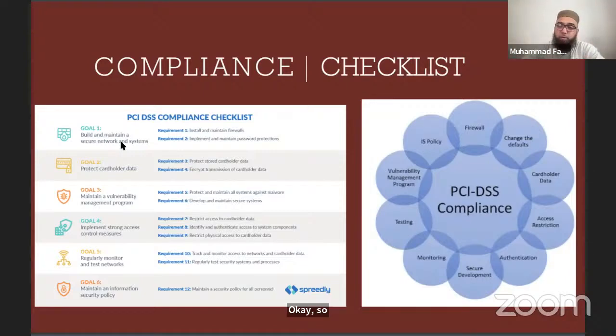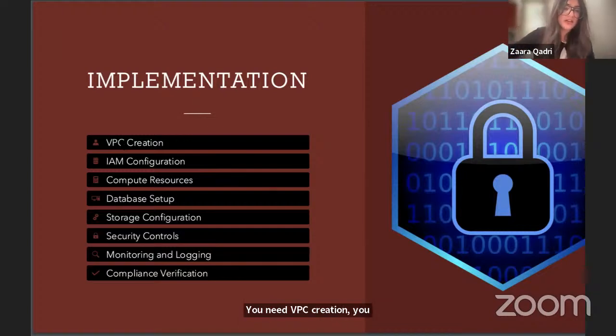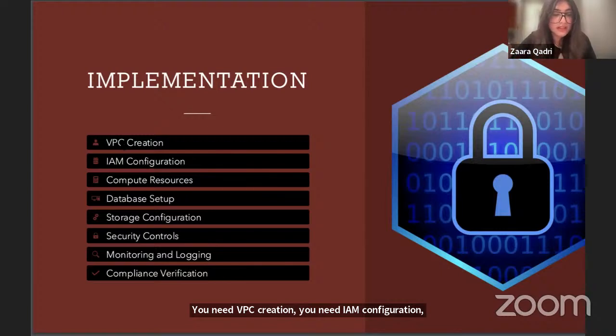All right. So we have the implementation guide. You need VPC creation, you need IAM configuration, you need compute resources. That, for example, is your EC2 instances that you need for your web servers, your applications. You need data setup.